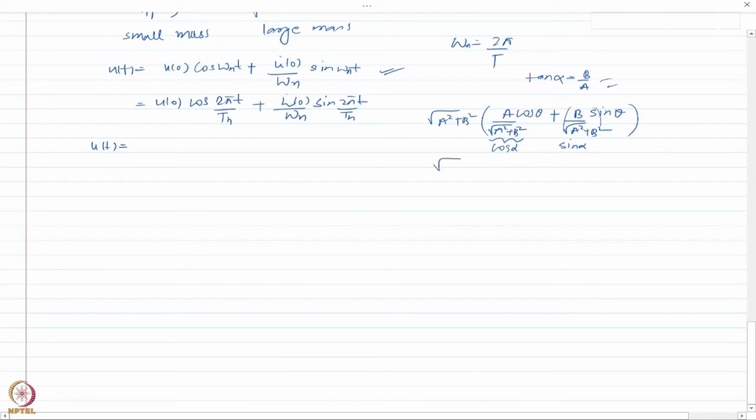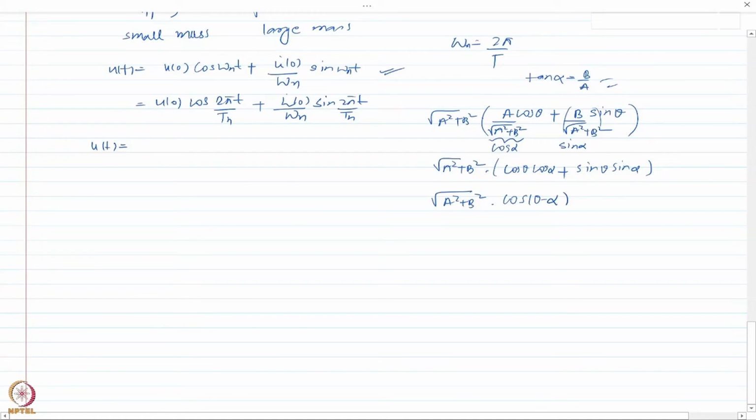So I can write this further as root a square plus b square times cos theta cos alpha plus sine theta sine alpha. And from your trigonometric identities, I can write this as cos of theta minus alpha.